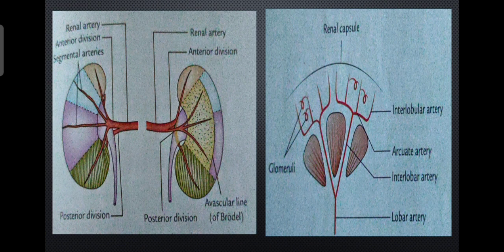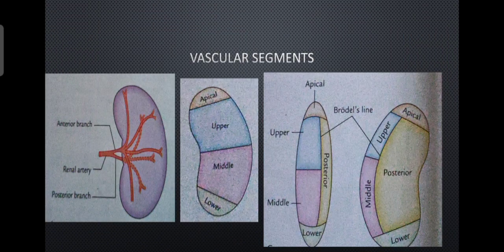Thus we covered the entire arterial supply, and here I want to mention something about the vascular segments. The segmental artery supplies each segment. The segments are divided as apical, upper, middle, lower, and posterior segments. Apical consists of most of the anterior aspect and slightly the posterior aspect.